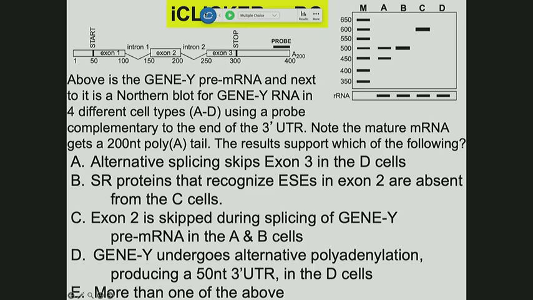E was not correct because it's not more than one of the above. So it is D. Gene Y undergoes alternative polyadenylation, producing a 50 nucleotide 3' UTR in the D cells. What do we mean by alternative polyadenylation? Yes? Yeah, you use a different polyadenylation signal in the 3' UTR.